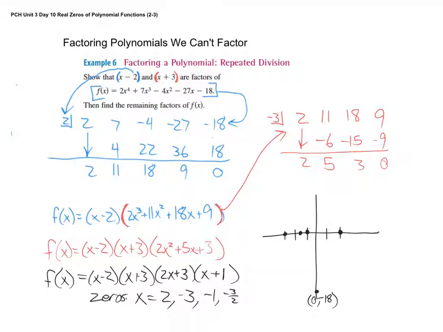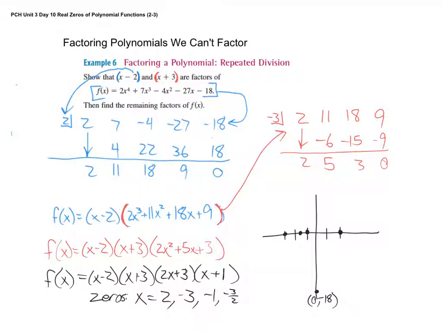Let's also think about what we've already learned here. So it's going to be going up on the left and down on the right. No, they're both going to go up. Let's step through it and figure out for sure. Our leading coefficient here is positive 2, right?